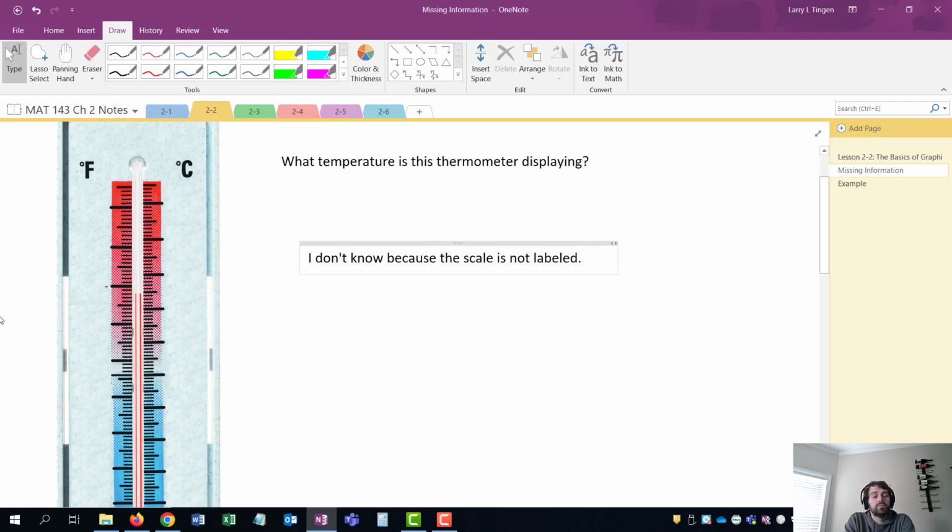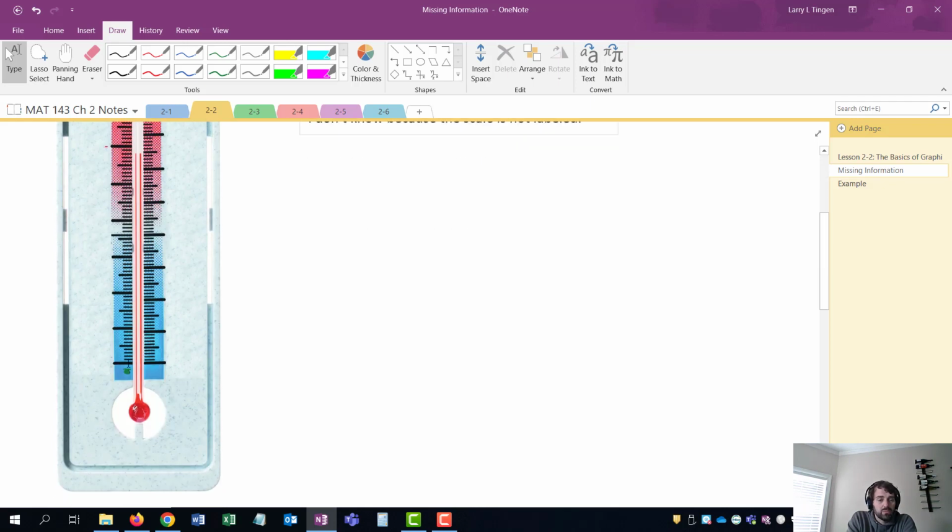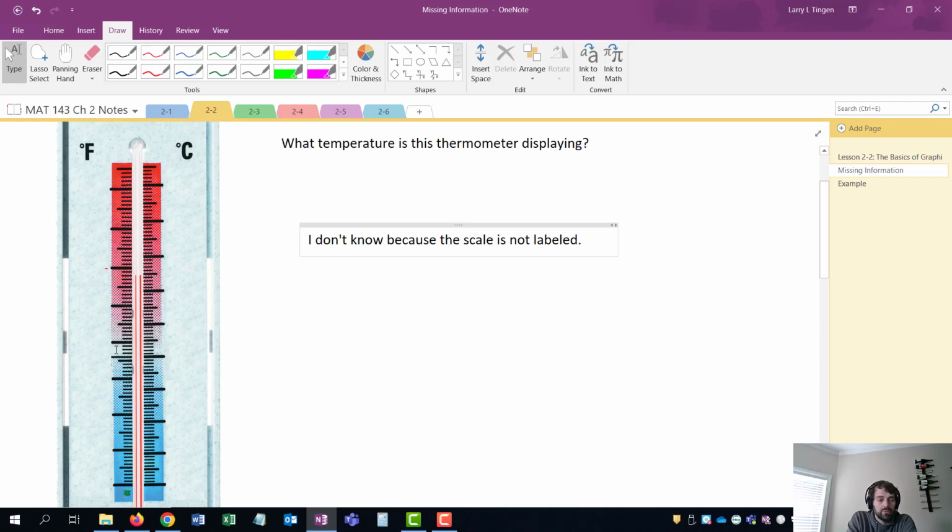right? In Fahrenheit, I'm over here to the left. In Celsius, I'm over here on the right. None of these dashes, none of these hash marks are labeled, right? We can make an educated guess, but the only thing I can get directly from the thermometer is it's kind of warm. And I don't even know what kind of warm means.